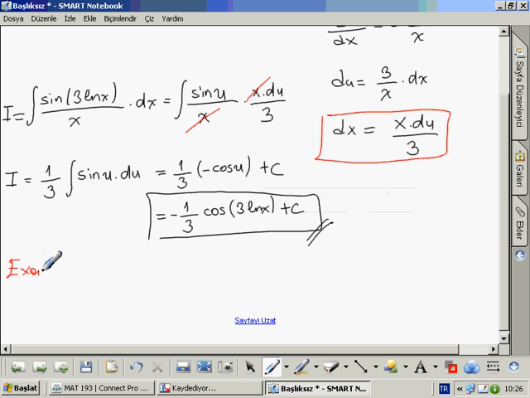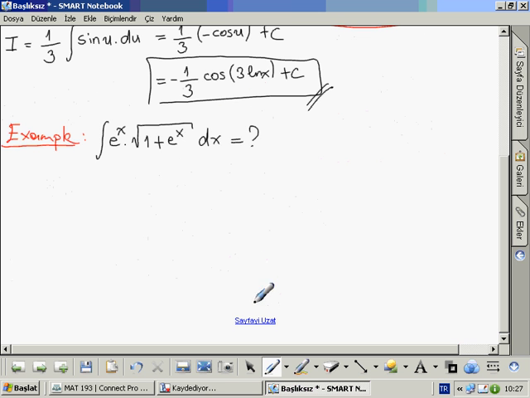Example again. Integral of e to the x times square root of 1 plus e to the x dx. Sometimes you can use the letter v or u, it's not important, for the substitution.